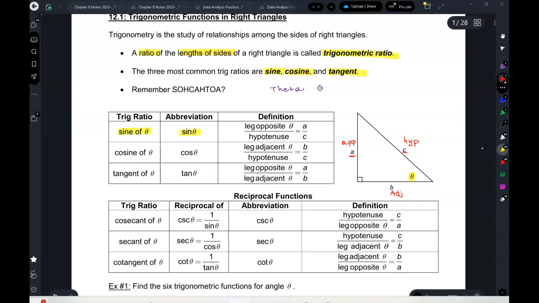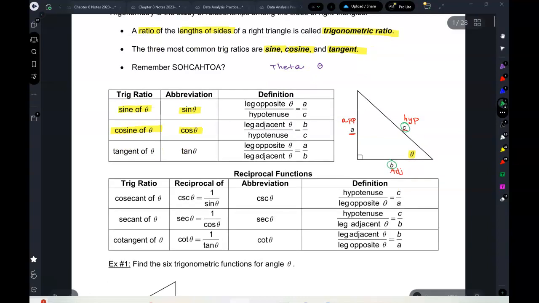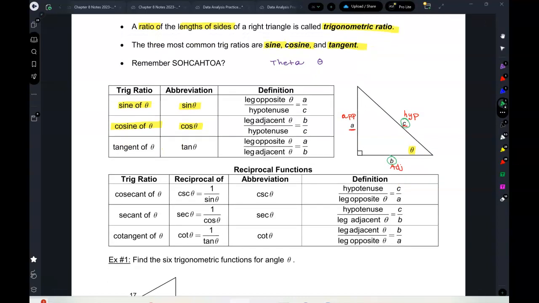The cosine of theta is abbreviated cosine like this, theta. Please do not call these sin and cos. We do not do that. It's sine and cosine. It doesn't take that much effort. The cosine of theta is the adjacent side over the hypotenuse, okay? And then the tangent of theta is the opposite side over the adjacent side, okay?